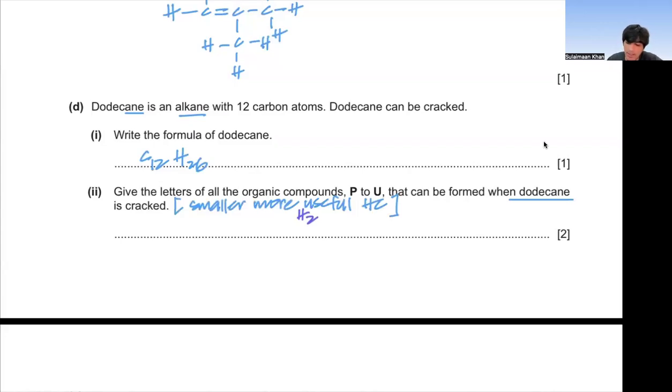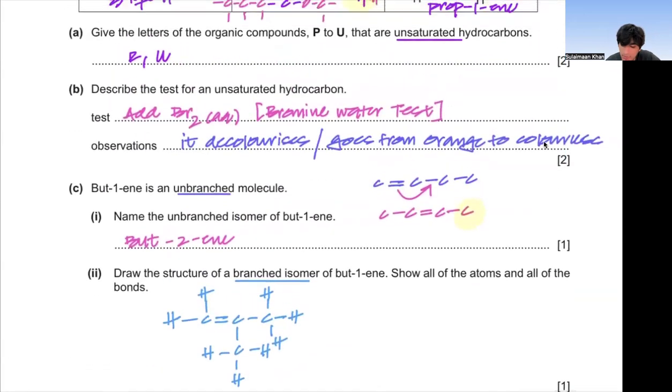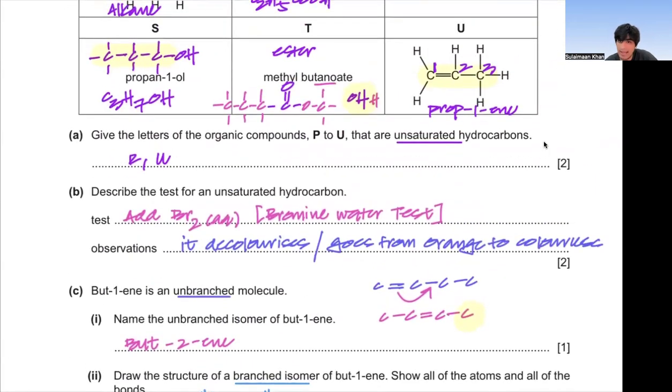If I crack dodecane into decene, the second compound would obviously be hydrogen gas, right? Alkynes are not a part of your course.